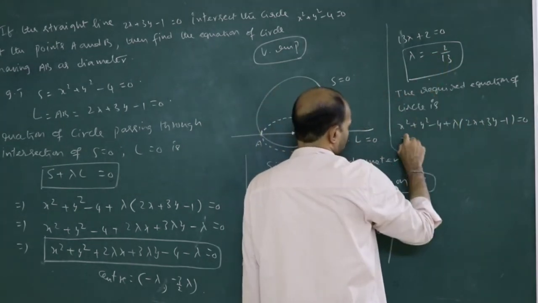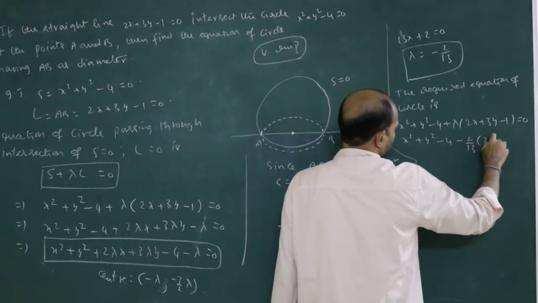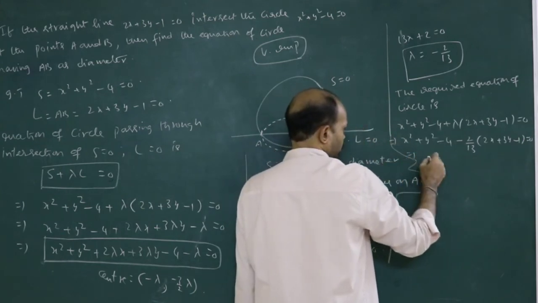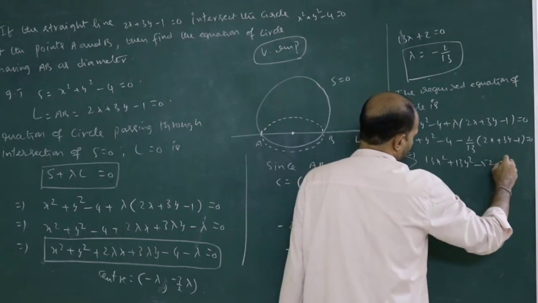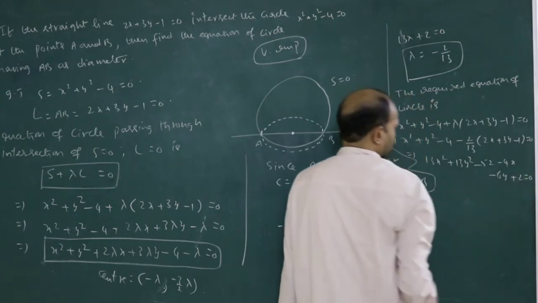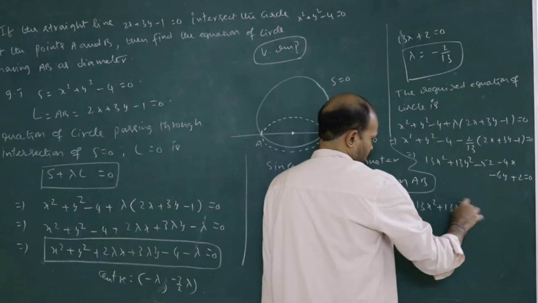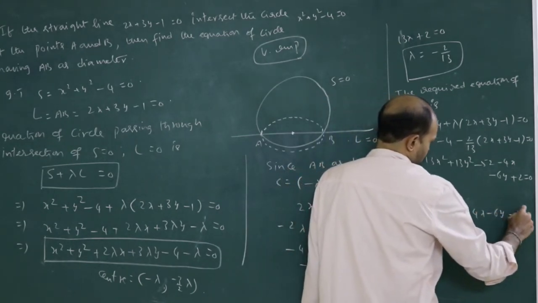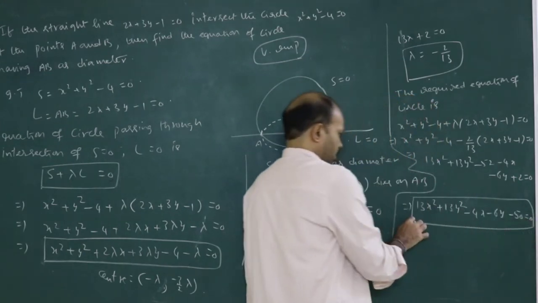You have solved here: minus 2 by 13. 13x square plus 13y square minus 52 minus 4x minus 6y plus 2 is equal to 0. Therefore, our equation is 13x square plus 13y square minus 4x minus 6y minus 50 is equal to 0. This is the required equation of circle.